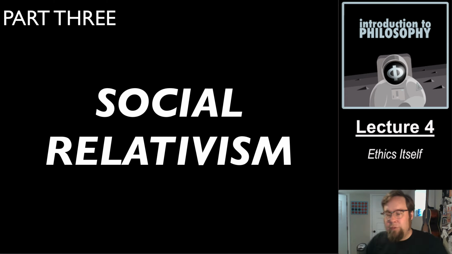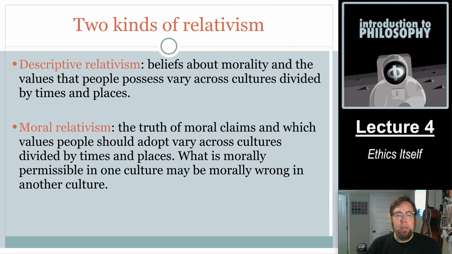Social relativism is kind of like egoism, only with more people in it. We're talking about groups of people instead of individual one-by-one people. Just like we had a distinction between psychological egoism and ethical egoism, we're going to have a similar sort of distinction when it comes to social relativism.